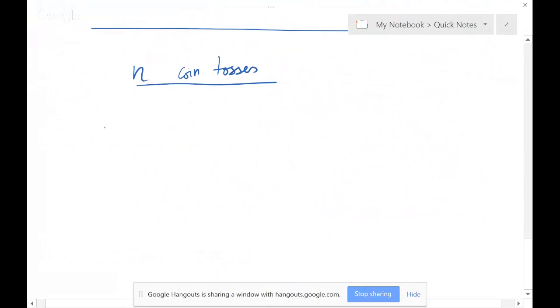and we want to argue that the probability that the number of heads is odd is exactly a half.